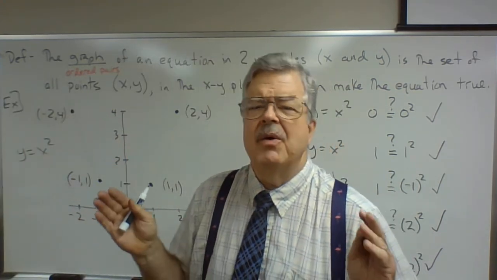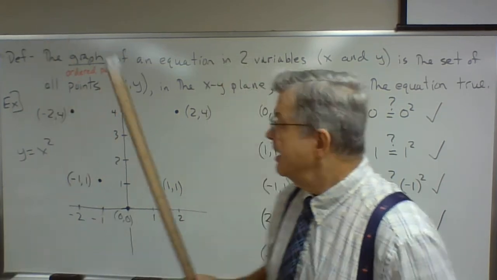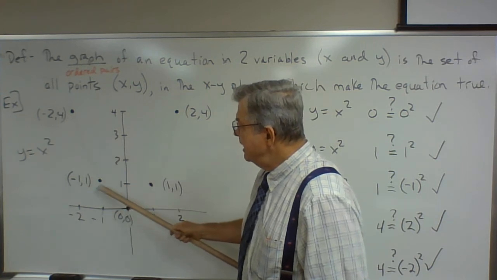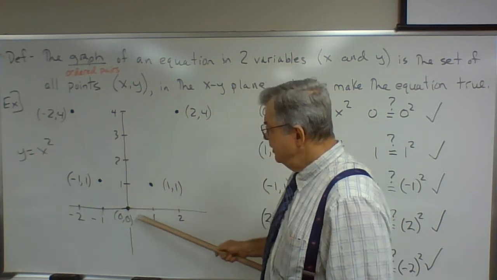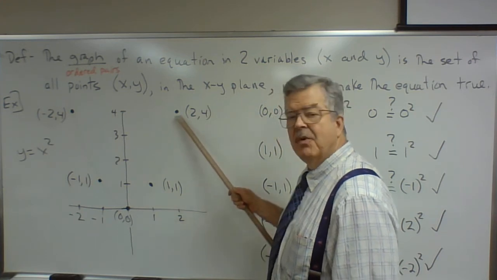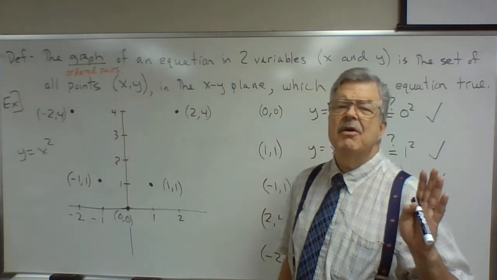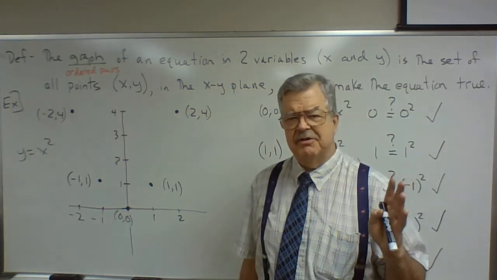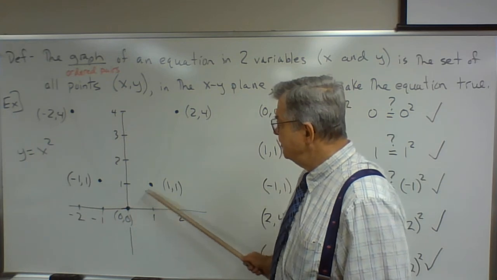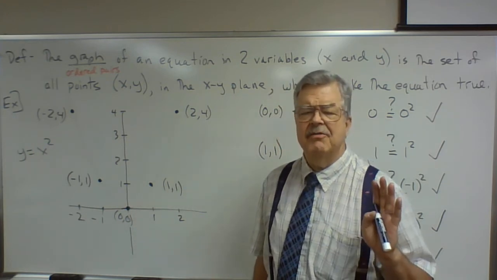At this point, all I know for sure is that the points -2, 4, -1, 1, 0, 0, 1, 1, and 2, 4 are points on the graph. All I know for an absolute certainty is that these 5 points are points on the graph. That's all I know for sure.